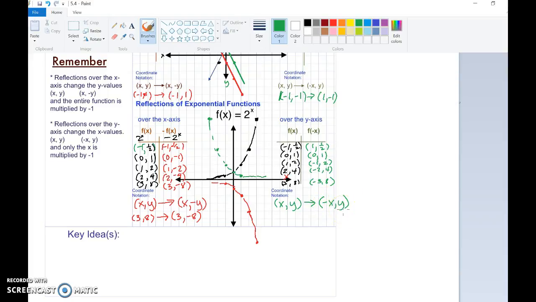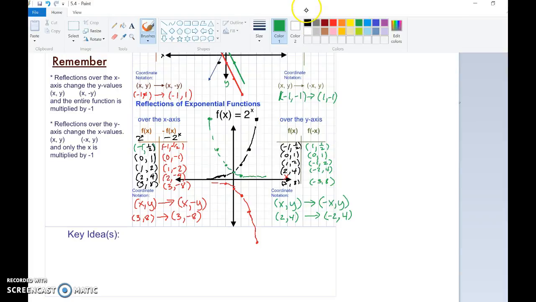Because the only thing that changed was the x value. And let's pick a point and see if that actually happens. Let's look at 2, 4. The x translated to the opposite of the x, which would be negative 2, but the y stayed the same, which would be 4. Negative 2, 4.